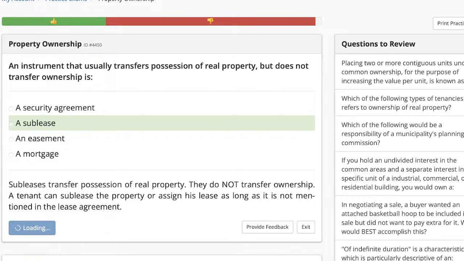Who knows what a percentage lease is? Percentage lease, when you pay a percentage of the gross receipts. Good.